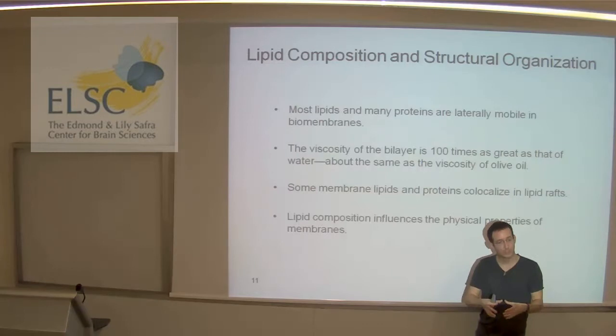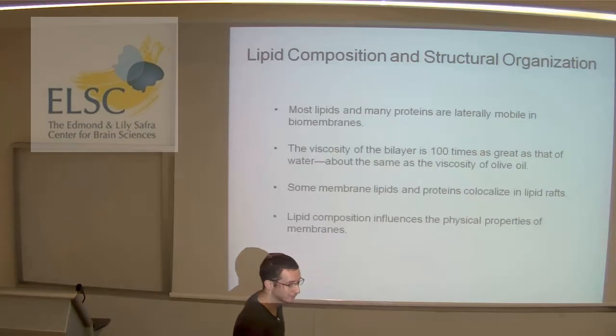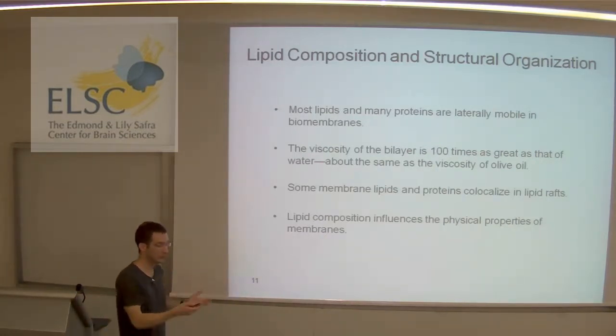So some fractions of the membrane are immobile or much less mobile than the rest, and these fractions we call rafts or islands. They are localized, and they are actually part of the membrane, so obviously they are localized in the membrane.